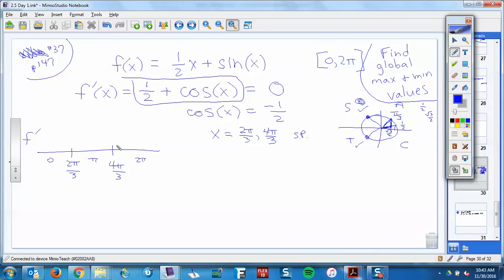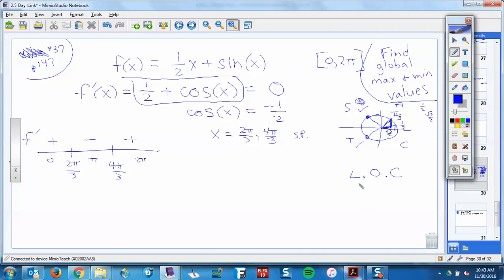So for local max and min, we'd be doing this. We put a 0 in. Cosine of 0 is 1 plus a half, so that's positive. Cosine of pi is negative 1, so 1/2 plus negative 1. Cosine of 2 pi is 1 again. Okay, I'll let you finish that part out.